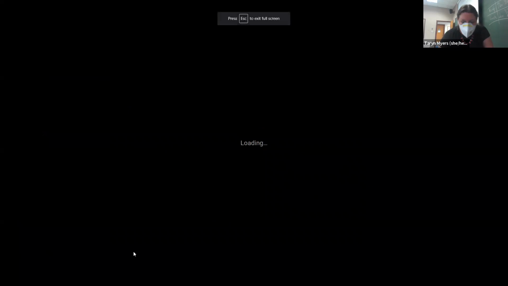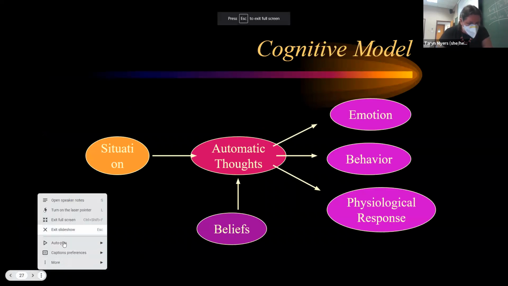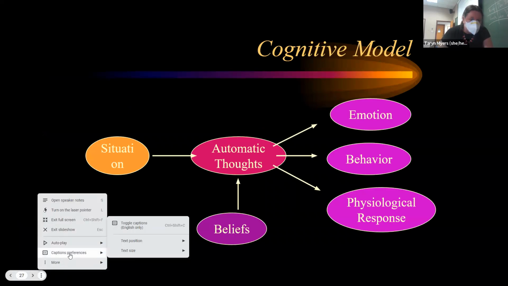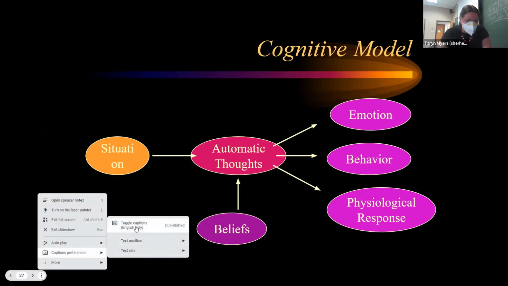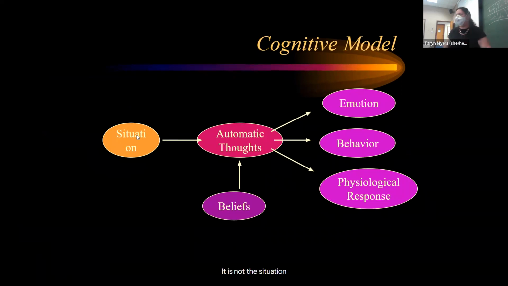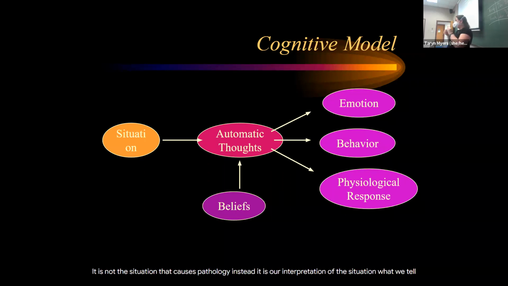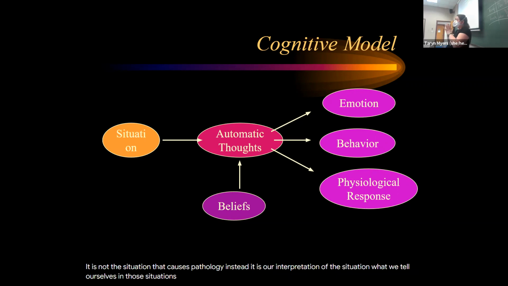And so this whole model, and Ellis's model as well, is predicated on the idea that it is not the situation that causes pathology. Instead, it is our interpretation of the situation, what we tell ourselves in those situations, that causes these problematic things.